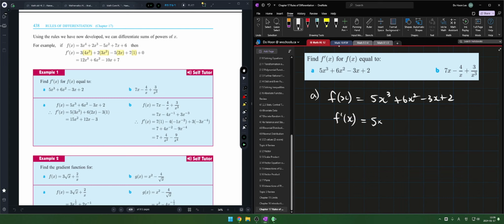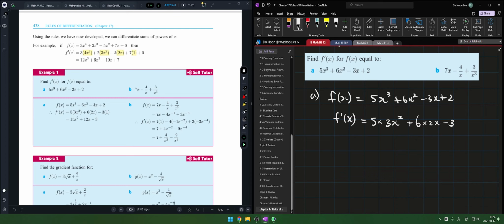What about x cubed? 3 goes down, then the 3 goes down to 2, x squared. Plus 6 stays there as a coefficient, x squared becomes 2x. Minus 3 stays there.